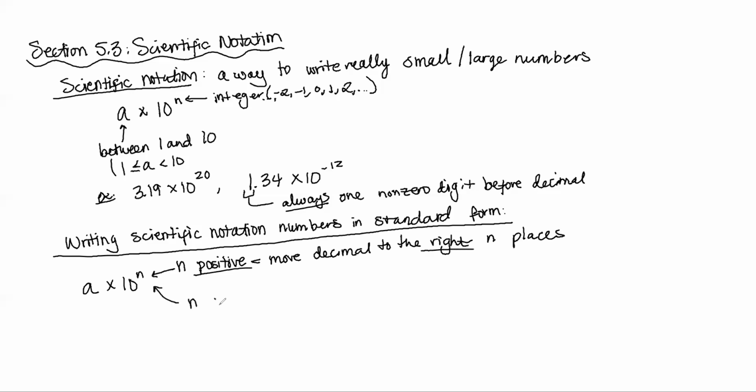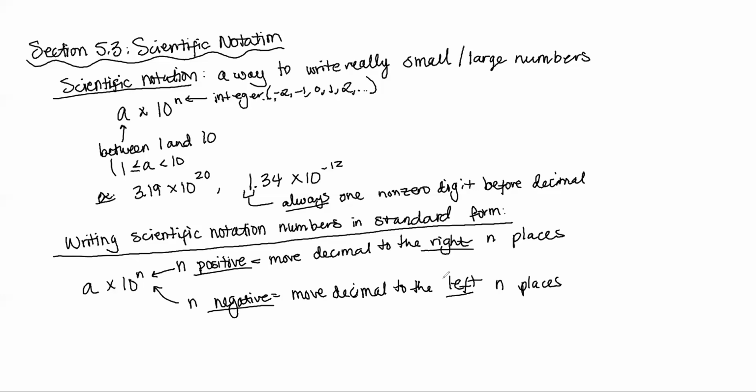And if n is negative, we're going to move the decimal to the left n places. So I feel like this is pretty intuitive compared to going from standard form to scientific notation. On a number line, positive numbers are to the right, negative numbers are on the left side. So negative n, go to the left, positive n, move the decimal to the right.